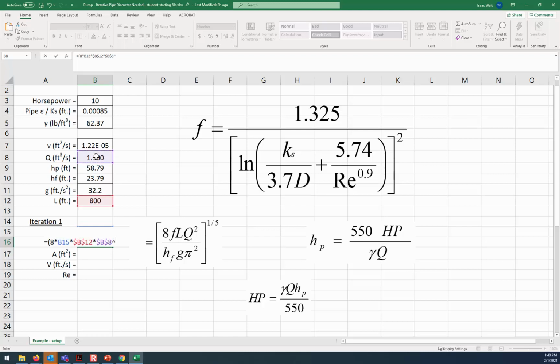And we take it to the 2 power, and then divided by H sub F times g times pi squared. So pi open close parentheses to the power of 2.